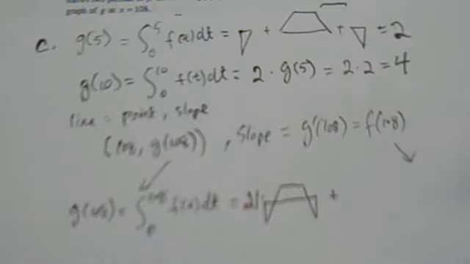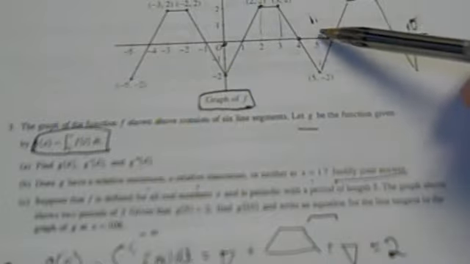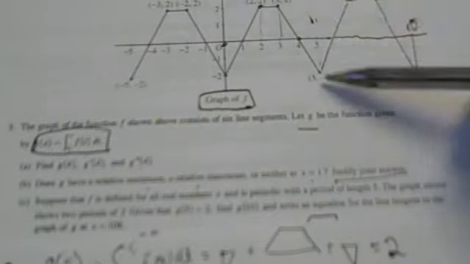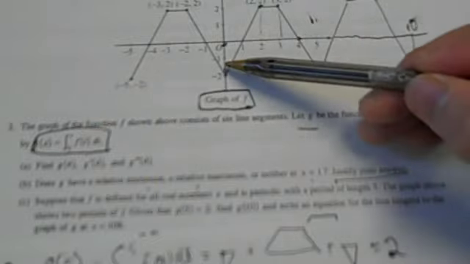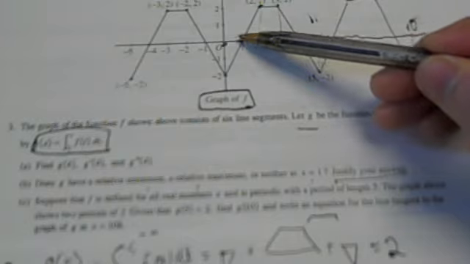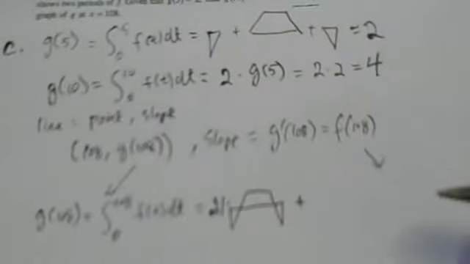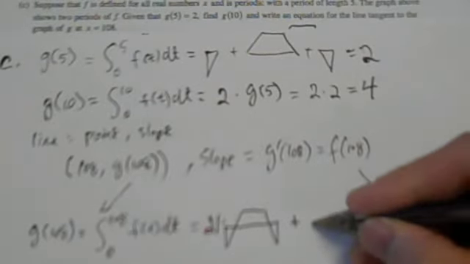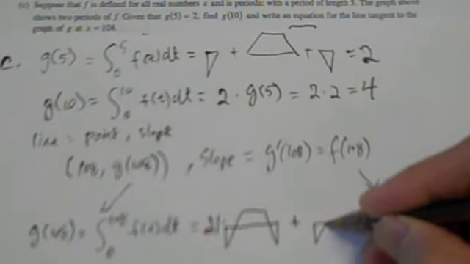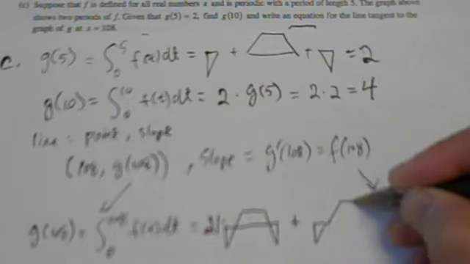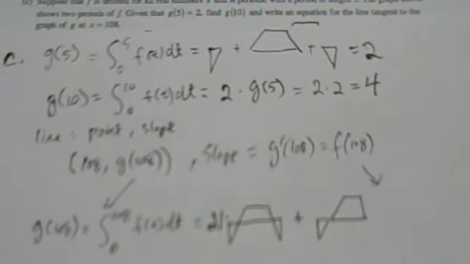But then you want to do 108. So from 105 to 108, you only have 3 units left. And if you look at the original graph, this is every 5. So you do this every 5 for 21 times, you end up with 105. But then you end up with 3 more, 106, 107, 108. So then you will have to add this portion, and then this portion right here.